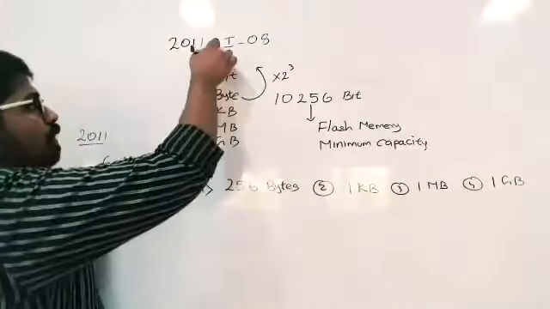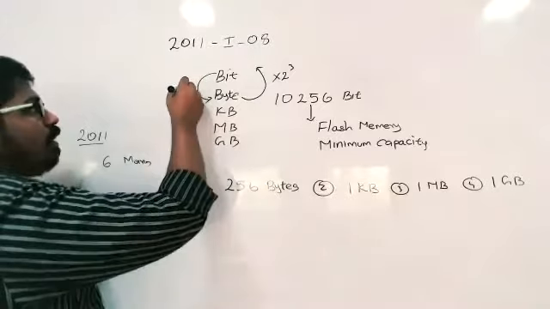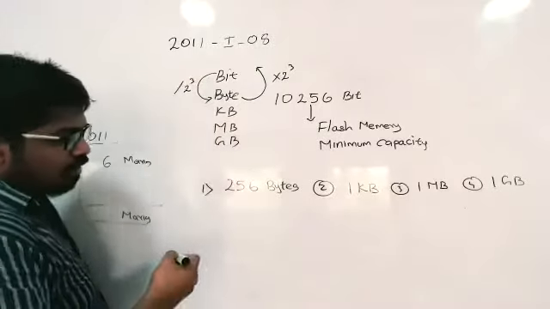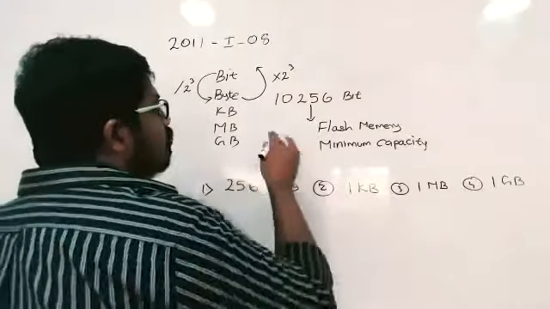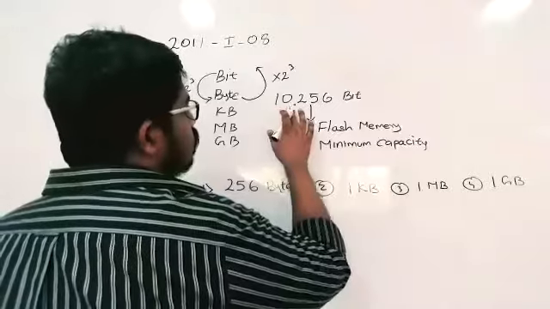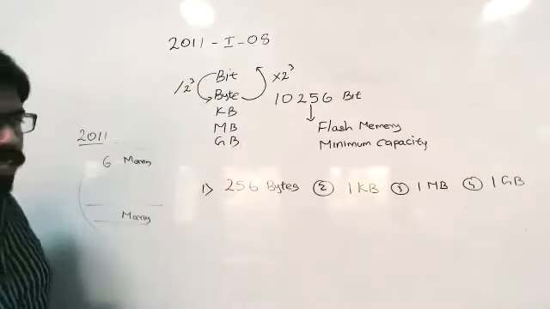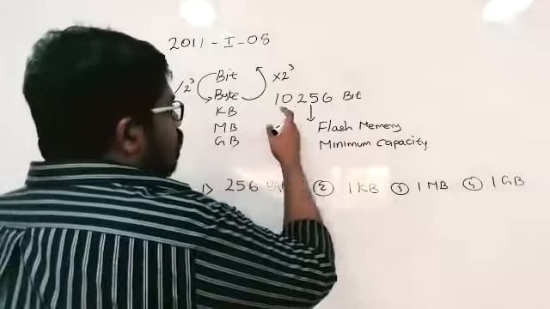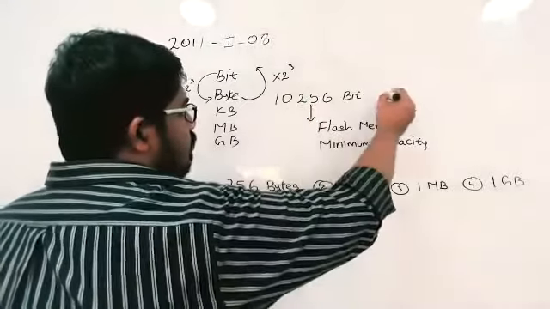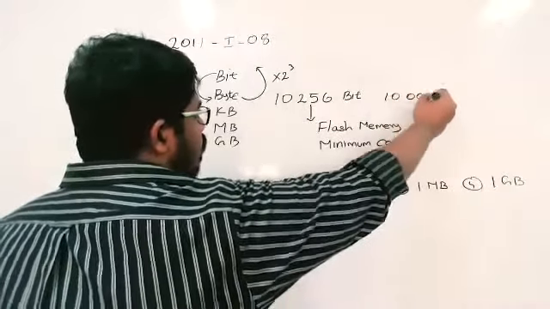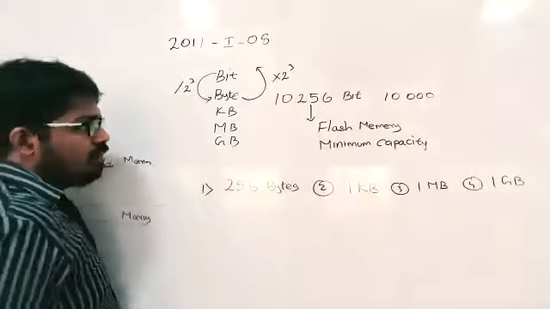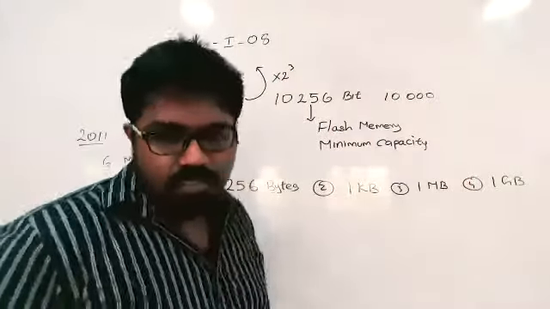When you are coming from bit to byte, you have to divide by 2 to the power 3. So I have to divide 10,256 by 8. So 10,000, when you consider it as nearly 10,000 and divide by 8, it will be more than 1,000.